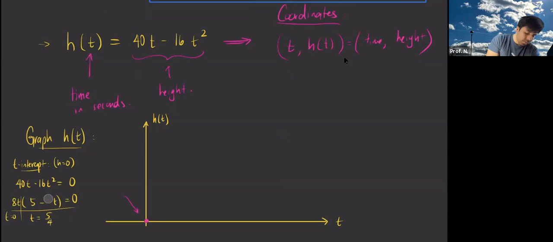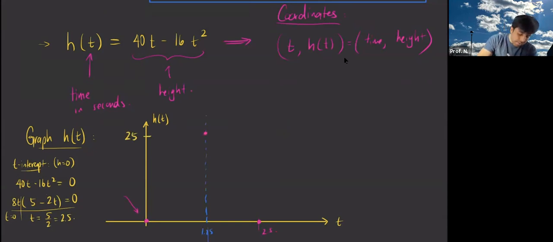Sorry, this should be 2 if I factor out an 8. I get 5 halves. 5 halves is what? 2.5. So at 2.5, I got the intercepts. And at 1.25, what do I have? I have the axis of symmetry, and the y value associated with the axis of symmetry is 25.